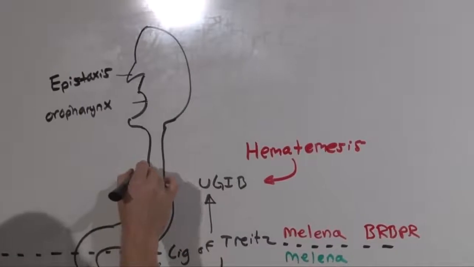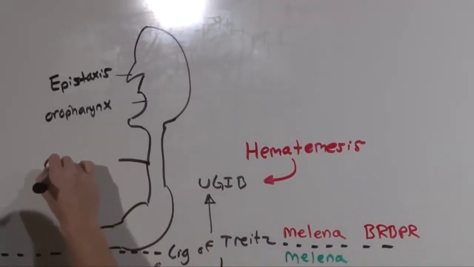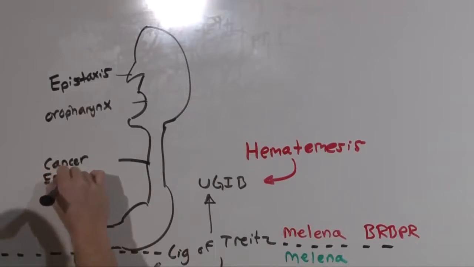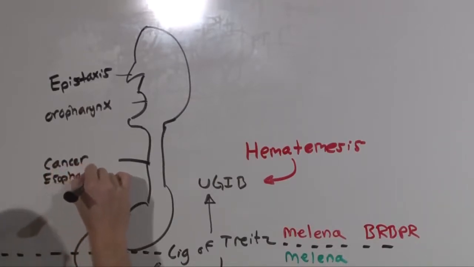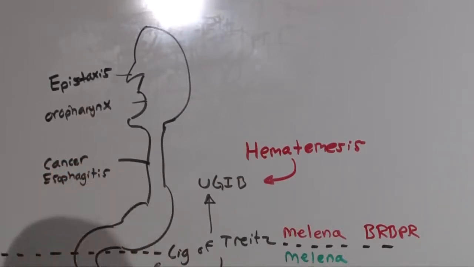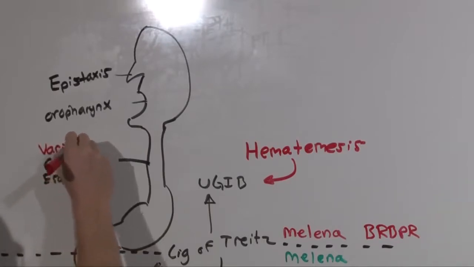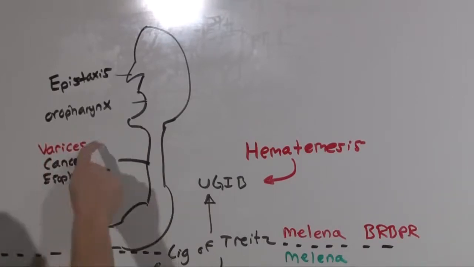Any esophageal lesions, generally going to be a cancer or esophagitis. But you cannot forget the one disease of the esophagus that is unlike all other GI bleeding sources, varices. We'll get to why at the very end.